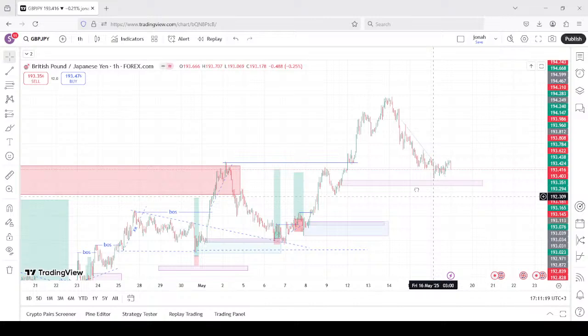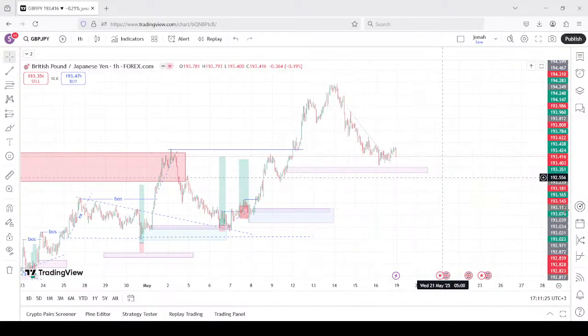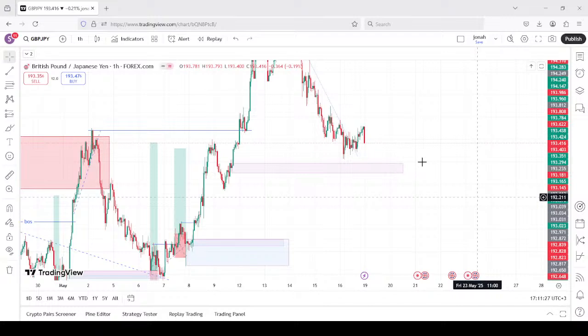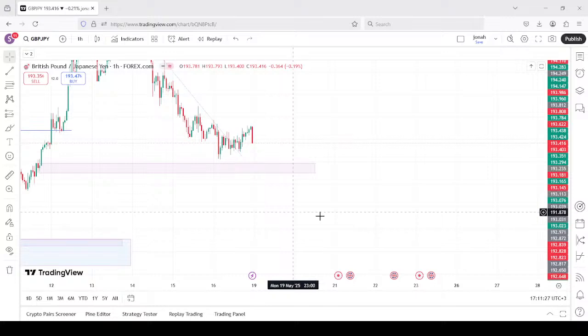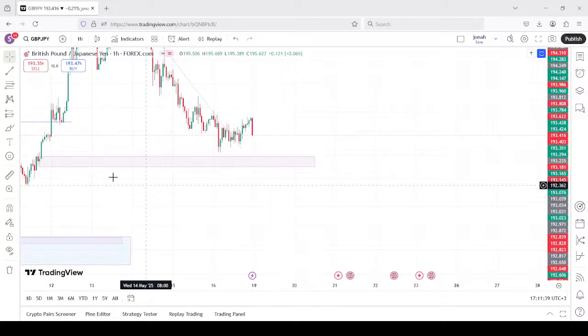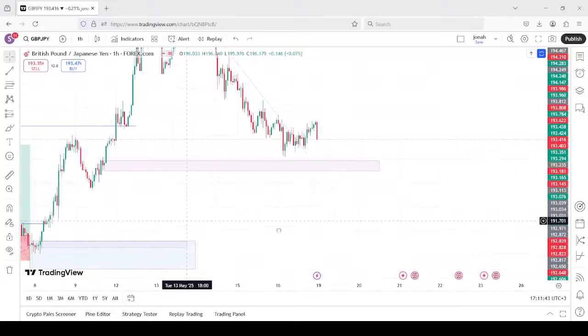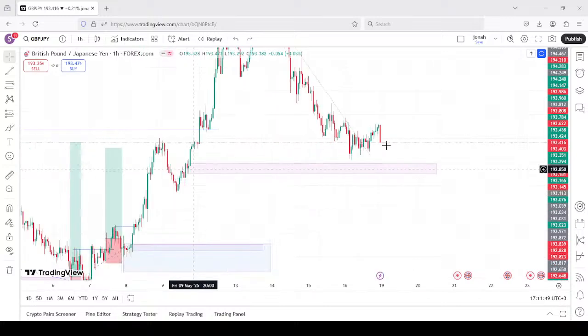I took this order block on the 15-minute time frame, and I'll wait for clear confirmation from this order block right here. After tapping this order block, I wait for clear confirmation, and I will continue bullish on GBPJPY.